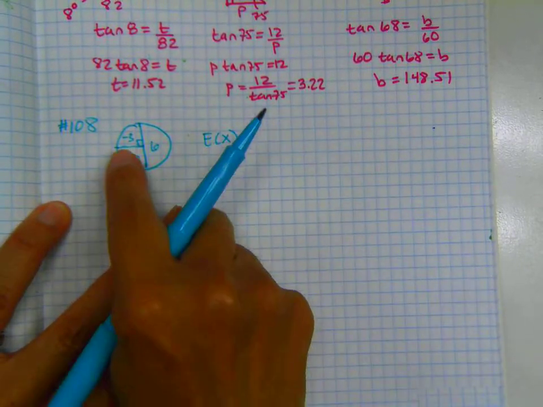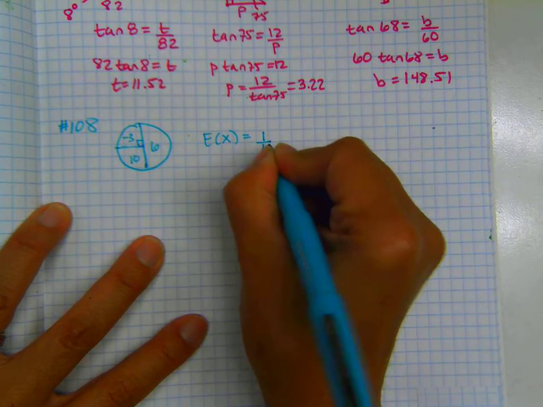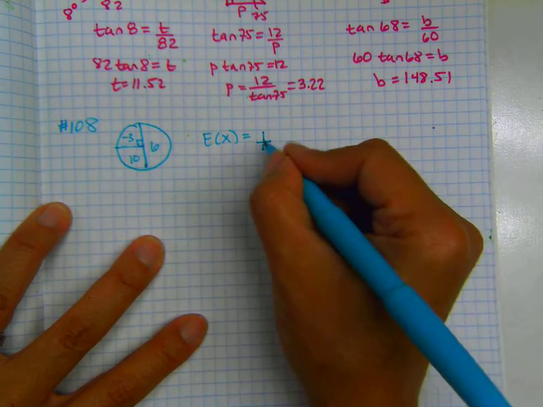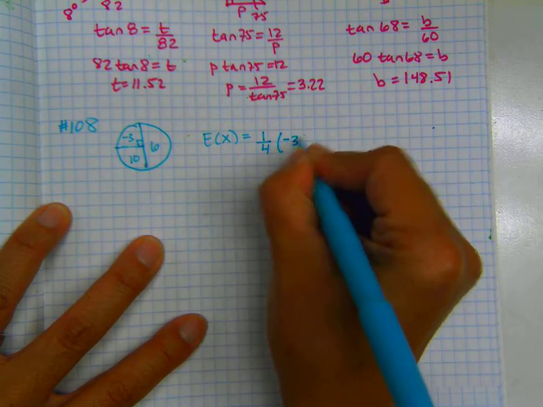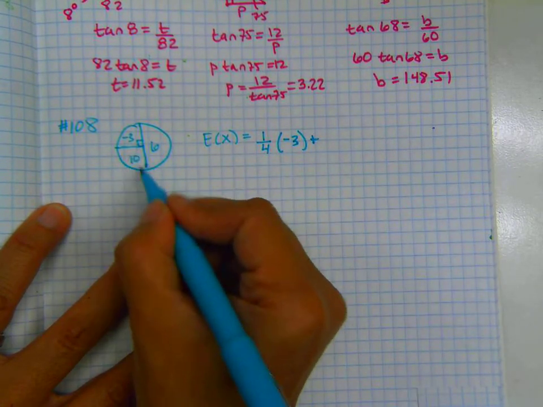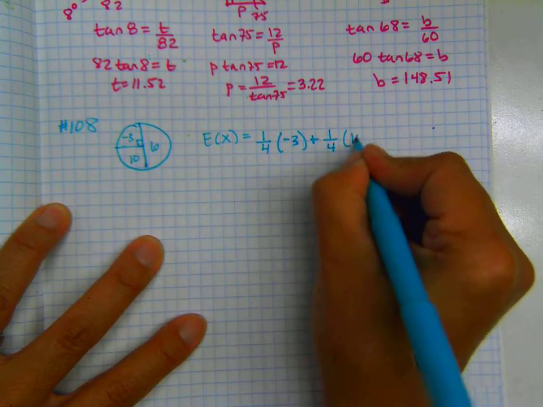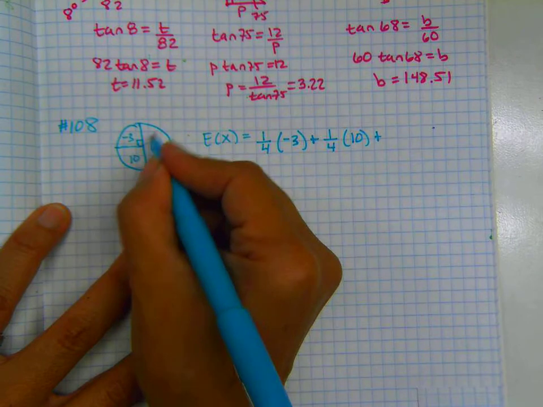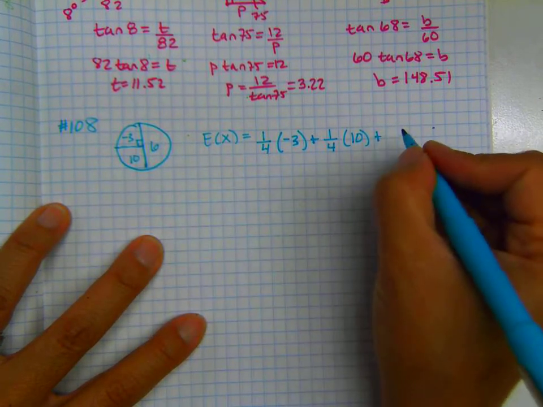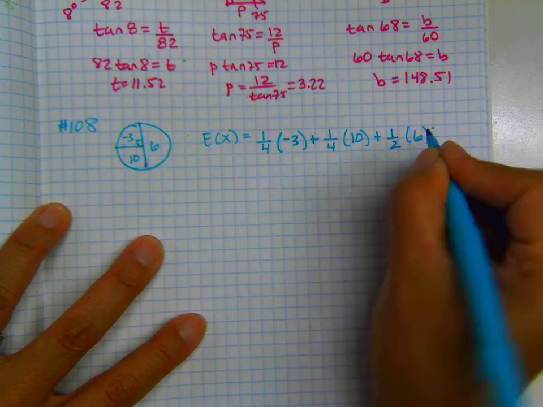So the probability of this section right here is 1/4, or 90 over 360. I just reduced it. So we've got -3 plus the probability of this section, again, is 90 over 360, or 1/4, times 10, plus, this is half, right, or 180 over 360, times 6.